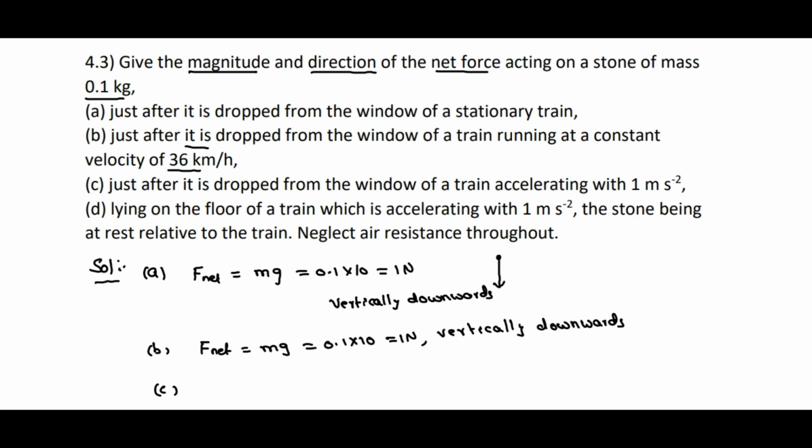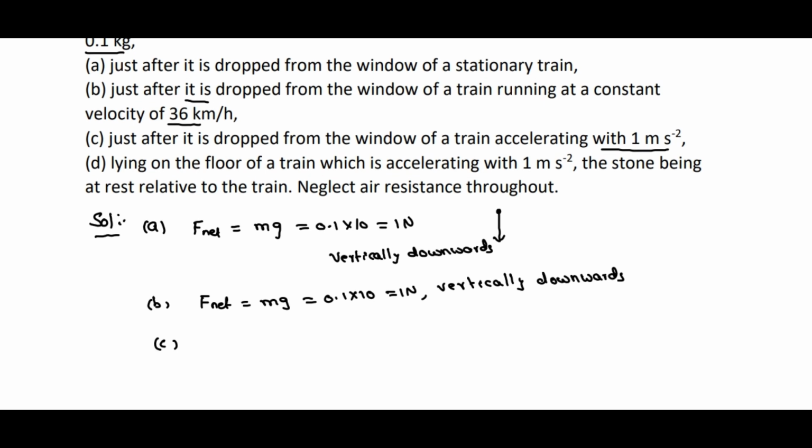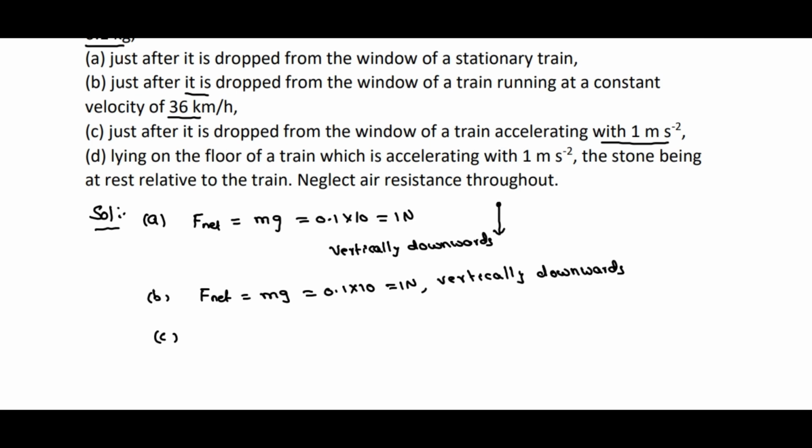Coming to C, just after it is dropped from the window of a train accelerating with 1 meter per second square. Here be careful. If the stone were within the train, it could experience a horizontal force also. But it is just after it is dropped from the window of the train. The train is accelerating with 1 meter per second square, but the stone is dropped from it.